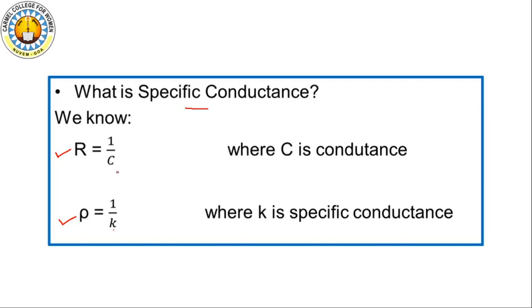This is resistance, this is conductance. They are inversely proportional. The symbol K is used for specific conductance.